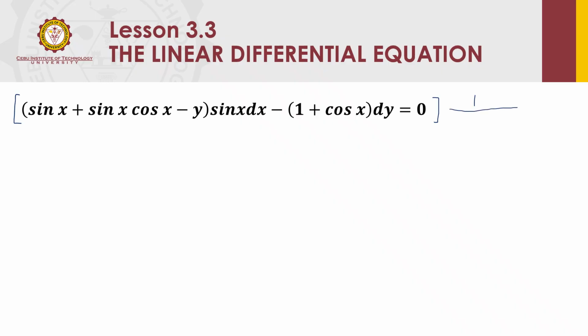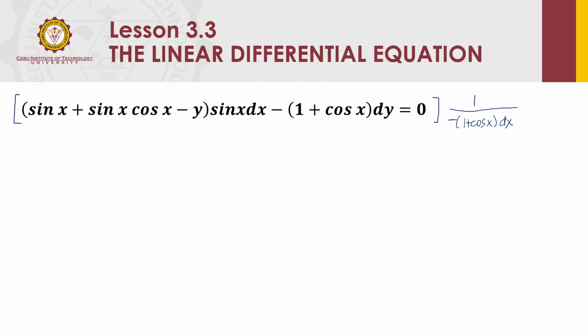Our goal is to have y as the dependent variable. So we need to divide the entire equation also by dx so that it becomes the derivative of y with respect to x. So arranging the terms, we get, multiplying with 1 over negative 1 plus cosine x dx.